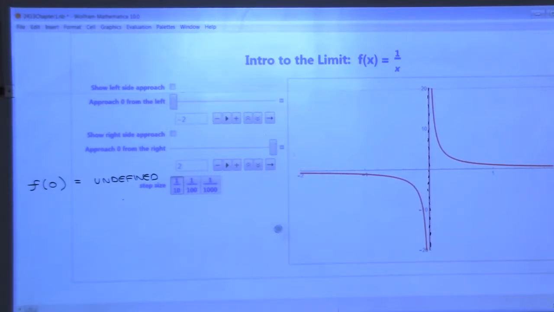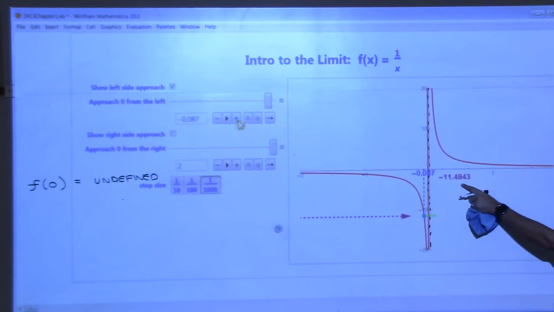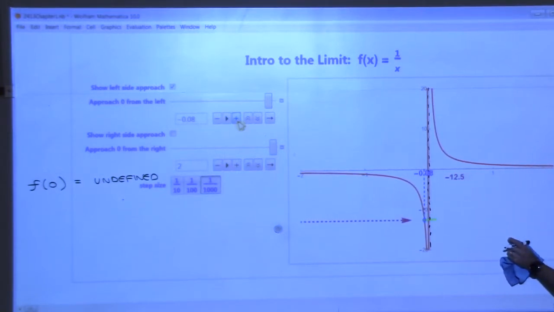So let's take a look at what happens as we come in to this function from the left side. Everything's great. He's just coming on in, and all of a sudden, this thing just starts dropping off, right? It starts taking off. Now the y values are here. I don't know how far I'm going to be able to get in here, but it's going to start taking off pretty far.